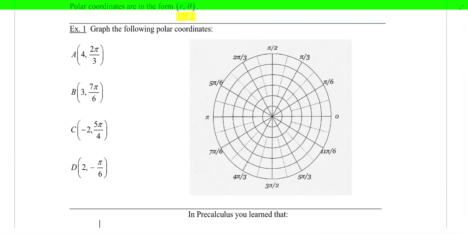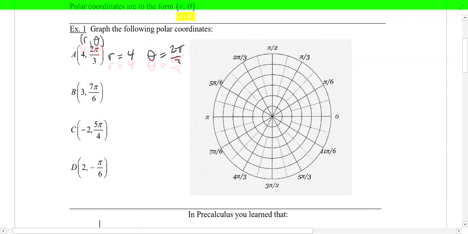And what's going on is we have a coordinate in polar, and it is a radius and an angle. So what this is saying is the radius is 4, and the angle is 2 pi over 3. And this is where you're going to have to review unit circle again, because you're going to have to be very fast at this. So what's going on is I always start with the angle. So this is the angle, 2 pi over 3.